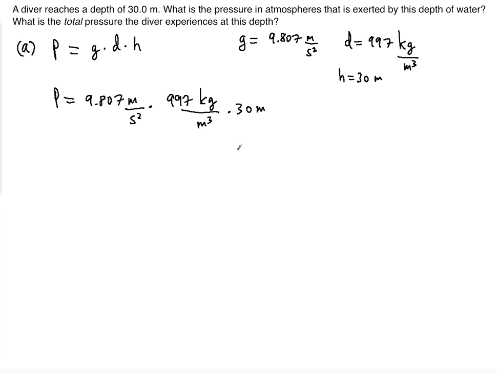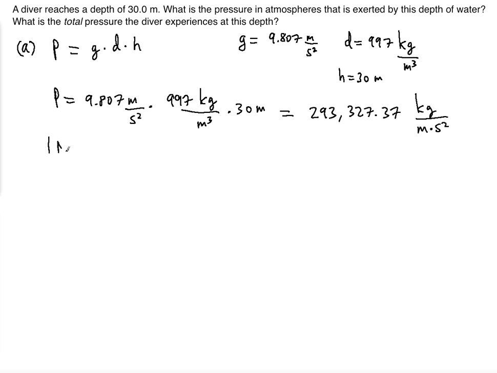As you can see, we have meters and cubic meters, so as a result, using the calculator, you will get 293,327.37 kilograms per meter per second squared.